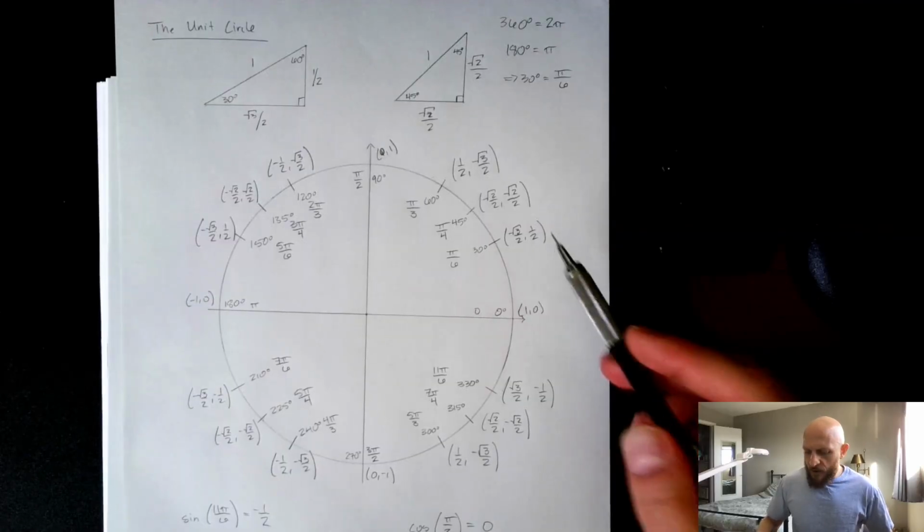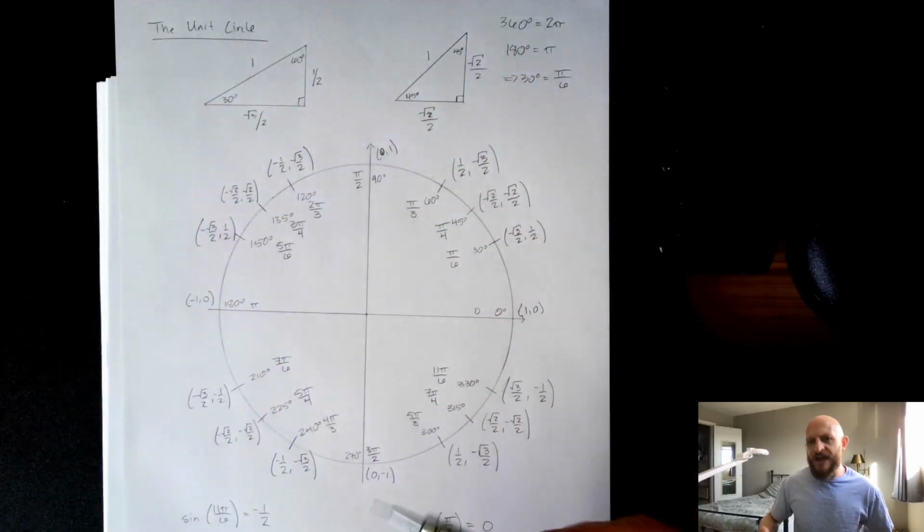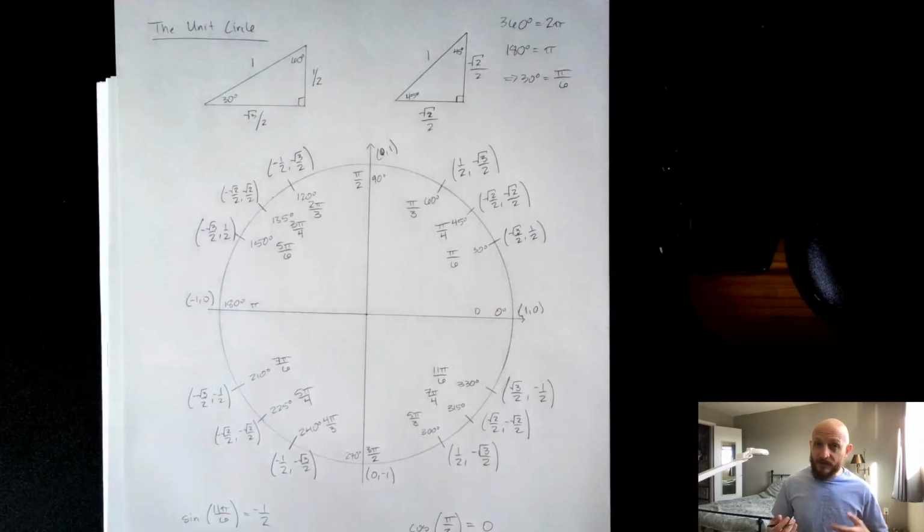remember that on the unit circle, we have sine of theta, or we're going to start talking about it as sine of x. They're really the exact same thing, but the context makes a difference. When we're talking about sine of theta, theta represents an angle measure. When we talk about sine of x, we're allowing x to be any real number.